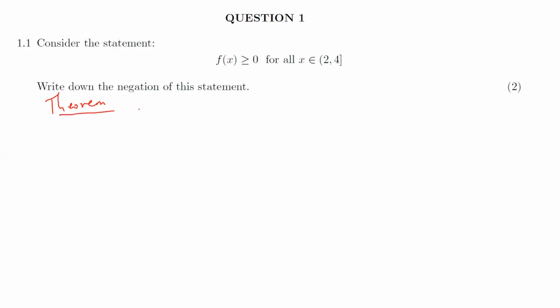So the negation of the statement for all x in U, the statement P of x, is logically equivalent to, by mathematical logic, we first negate the universal quantifier, and then we shall get what we call the existential quantifier.